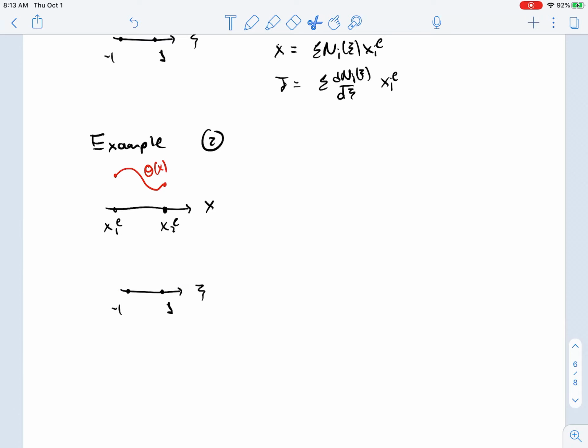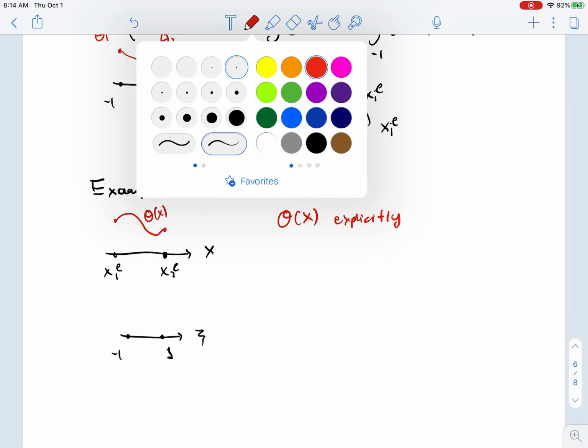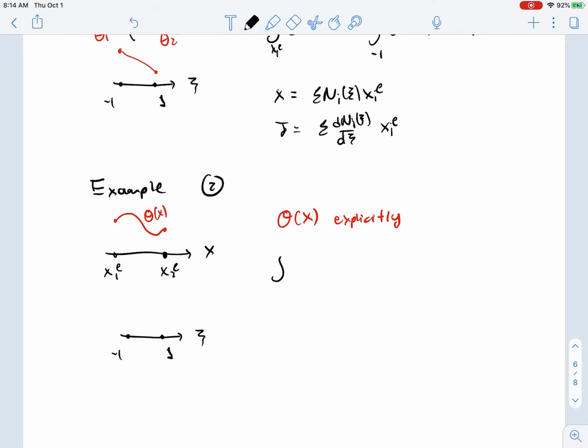And in that case, I still have my map here, right? But I don't have theta. I could always copy paste this theta and put it down here, but I won't have it explicitly, right? So in this case, I have theta of x explicitly, some function. Imagine that I tell you, theta is x squared plus 2x, something.